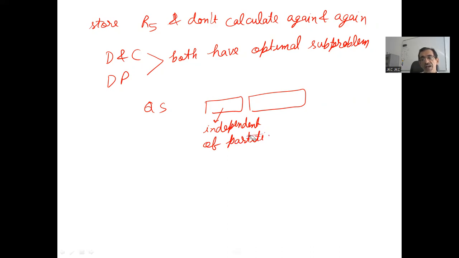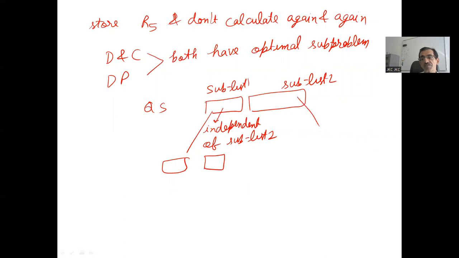In the case of quick sort, the sublist 2 solution has nothing to do with sublist 1. Sublist 1 will further get divided into smaller lists, bigger or smaller, but independent.